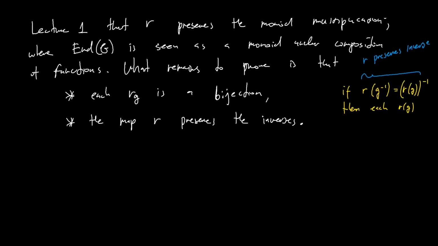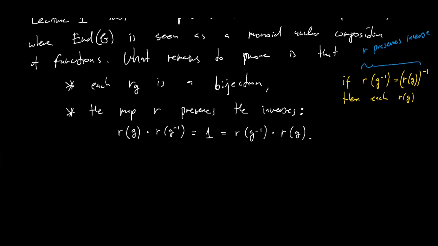So R preserves the inverses in the following sense: R of G times R of G inverse equals 1 equals R of G inverse times R of G. So think of R of G as your function, the function that corresponds to element G. And now this is the G inverse, the inverse of element G. And if this were to be the inverse of R of G, that means that this product is equal to 1 as well as the other product.